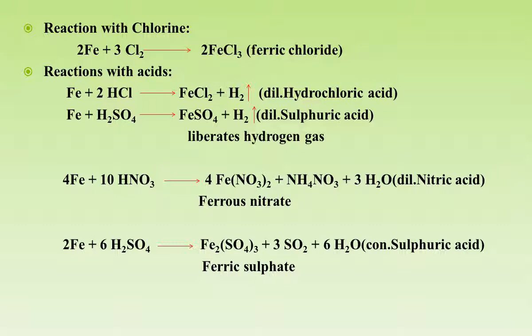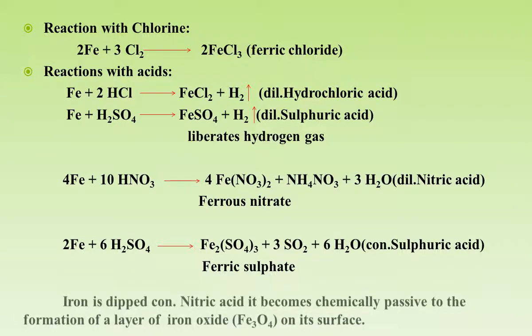So if iron is reacted with dilute hydrochloric acid and dilute sulfuric acid, it will liberate hydrogen gas. If iron is reacted with dilute nitric acid, ferrous nitrate will be formed. When iron is reacted with concentrated sulfuric acid, ferric sulfate and sulfur dioxide will be formed.